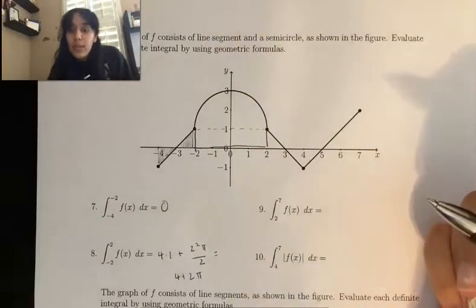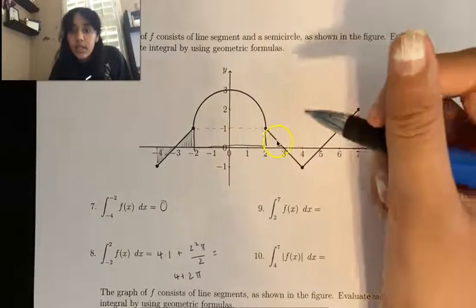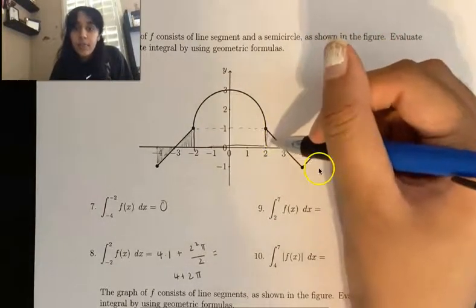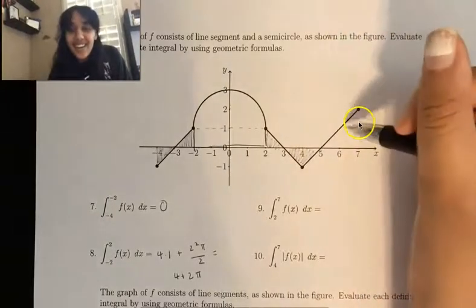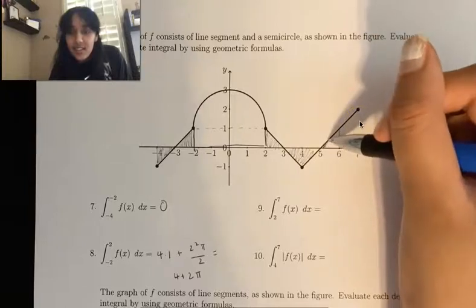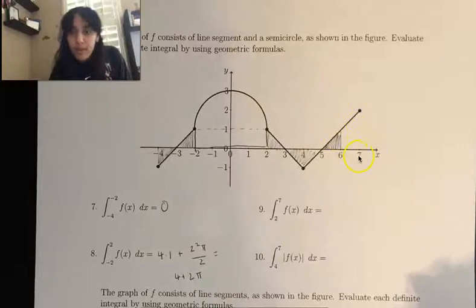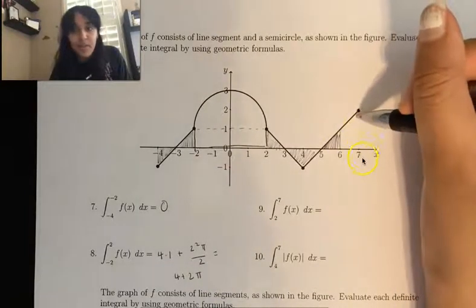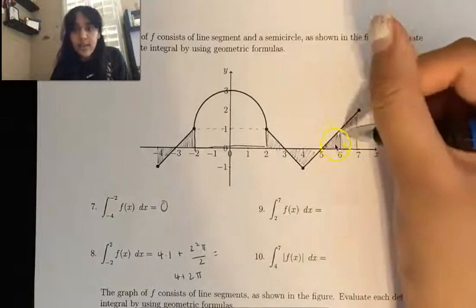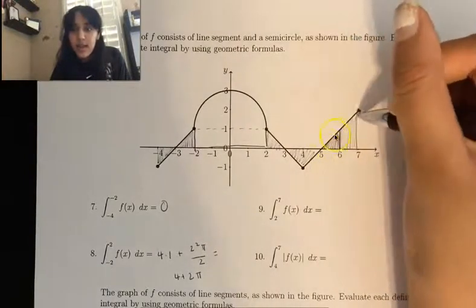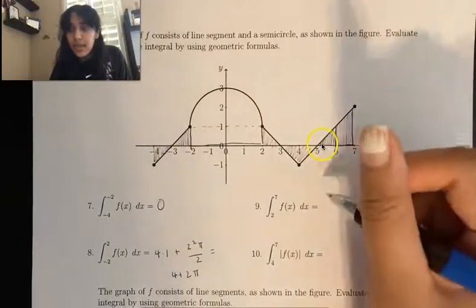Now for number 9, it's the same process. It's going to be from 2 to 7, so we're just going to shade in here, here, and there. I kind of forgot this part, so we're going to shade it now. I forget that line is there because it's easier to do this whole piece as a triangle.